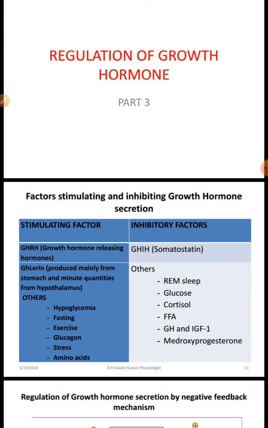The bursting pattern, in terms of both frequency and magnitude, is affected by several agents that alter the overall level of growth hormone secretion. These are the ones we are talking about.